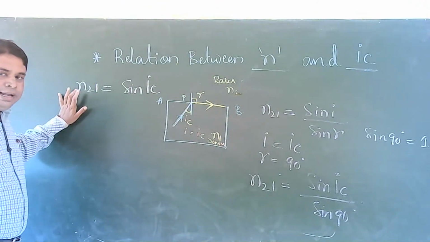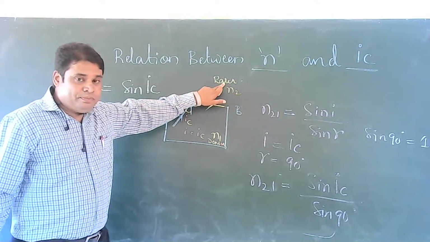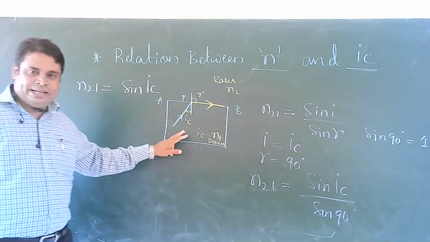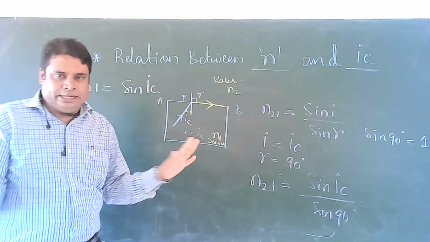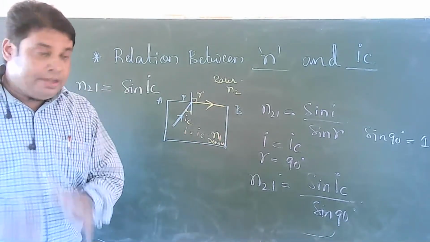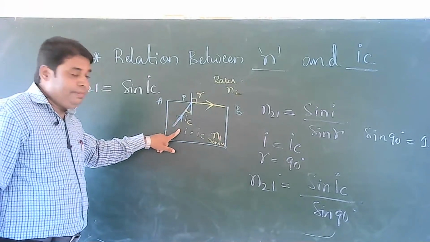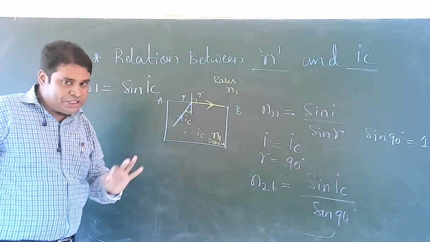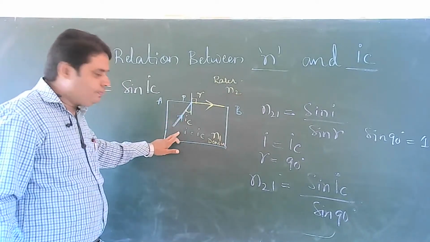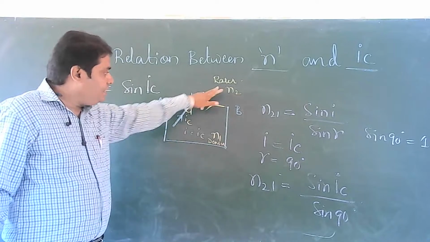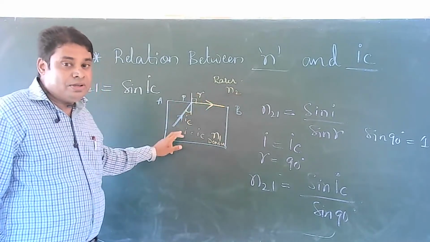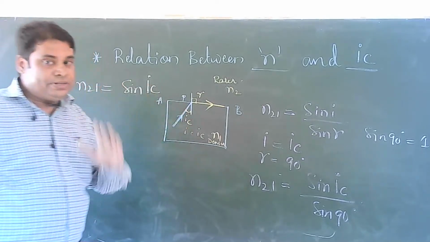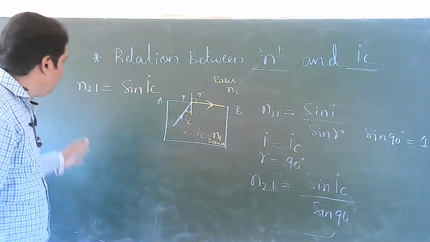This is refractive index of rarer medium N2 with respect to denser medium. We are not interested in that. We are interested in refractive index of denser medium with respect to rarer medium, because our object, or ray of light, is from denser medium.